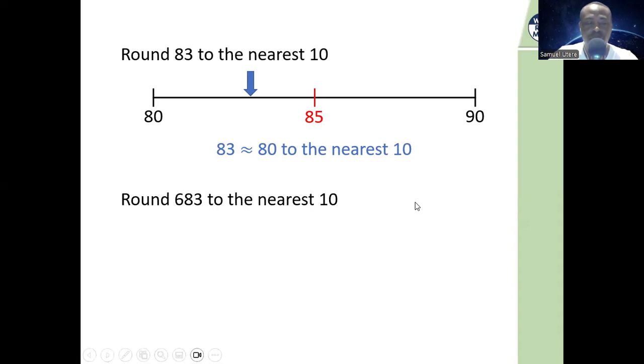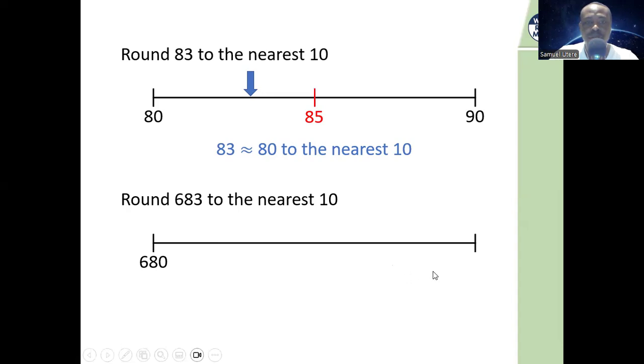What about this one? If we want to write 683 to the nearest 10, we can use our number line to help us do this. So we draw a number line. Now, which number will be less to the nearest 10 than 683? Of course, it's 680. And which number will be greater than 683 to the nearest 10?